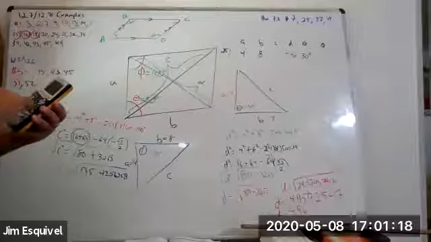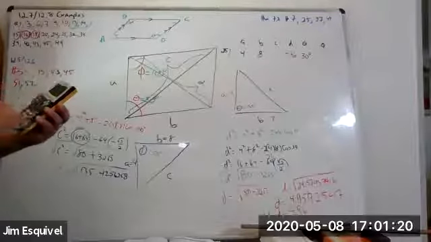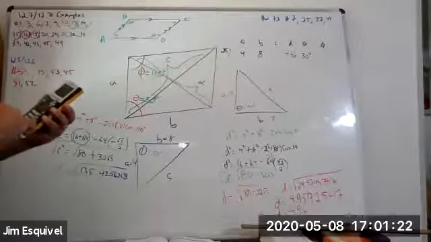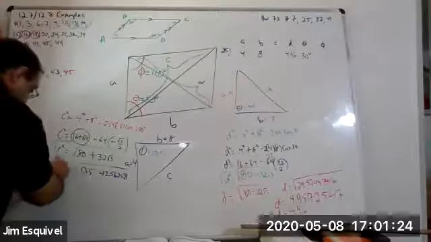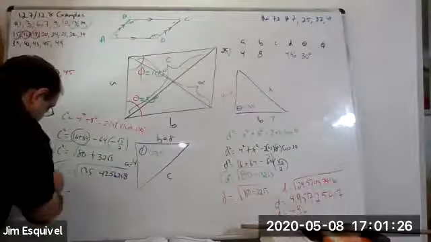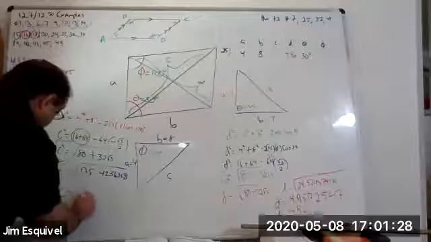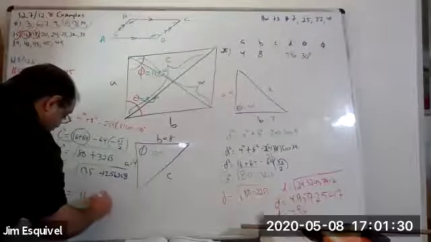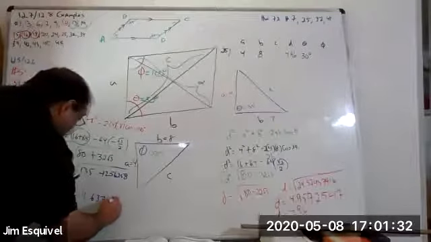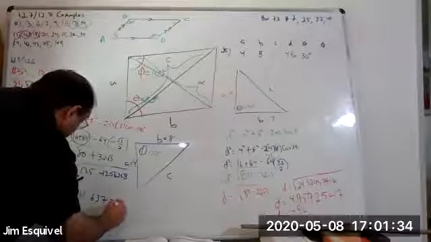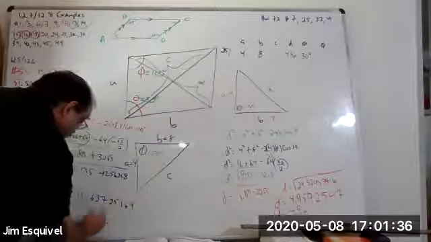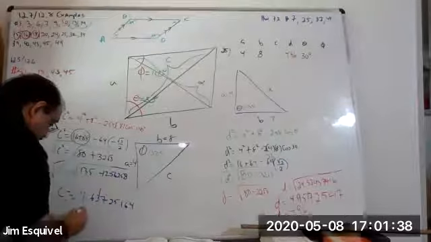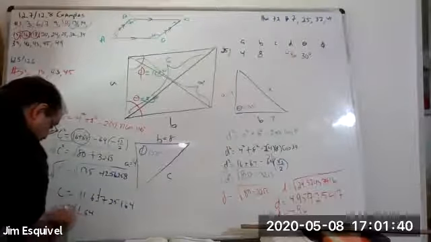Don't forget, that's the biggest mistake. And we get C is equal to 11.64 to the nearest hundredth.